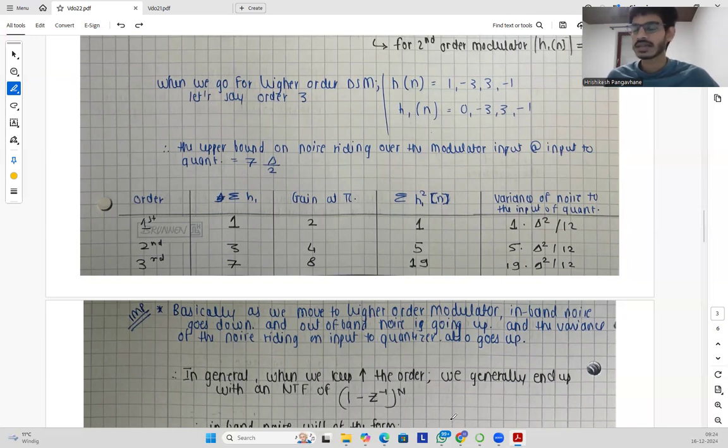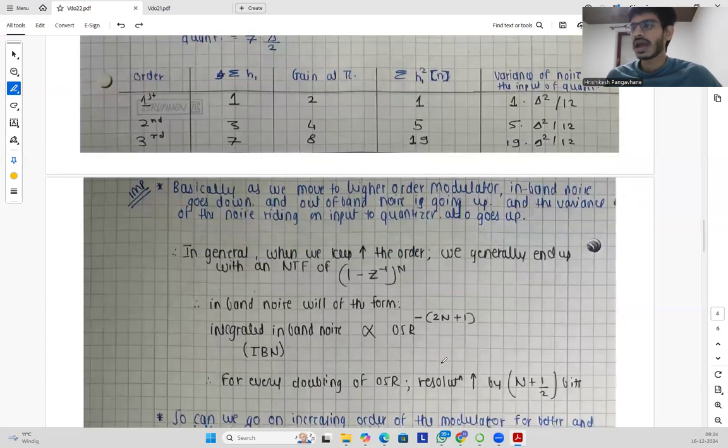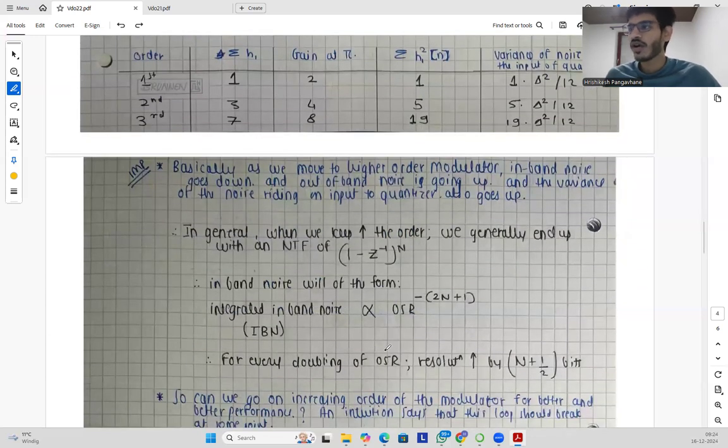So in general, we have to keep increasing the order. When we keep increasing the order, we generally end up with an NTF, which is basically 1 minus z inverse to the power n, and the integrated in-band noise for a range 0 to pi by OSR, that's our band of interest or the signal band, is directly proportional to OSR to the power minus 2n minus 1.